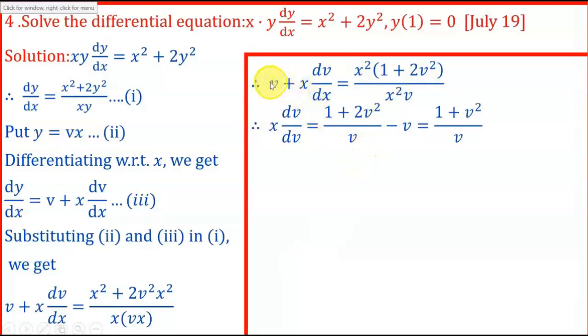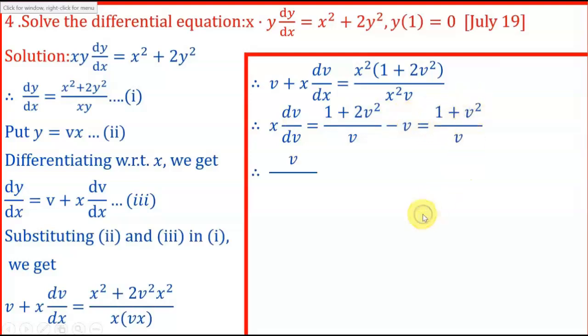Also shift this v to the right hand side. It will become minus v. Therefore, our new equation will be x into dv by dx is equal to (1 plus 2v square) upon v minus v. Next, (1 plus 2v square minus v square) upon v. 2v square minus v square, you will get v square. Therefore, (1 plus v square) upon v.